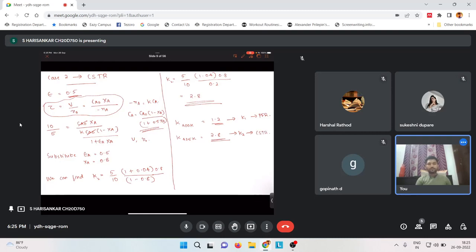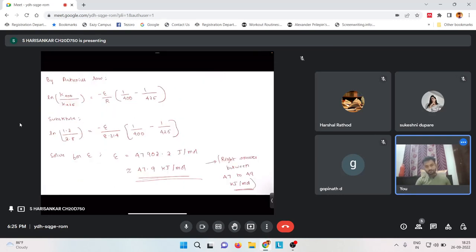Okay. Now we have both the values of the rate constants K1 and K2, the rate constants at 400 Kelvin and 425 Kelvin. Now all we have to do is substitute these rate constant values back into the Arrhenius equation and find the activation energy. Okay.